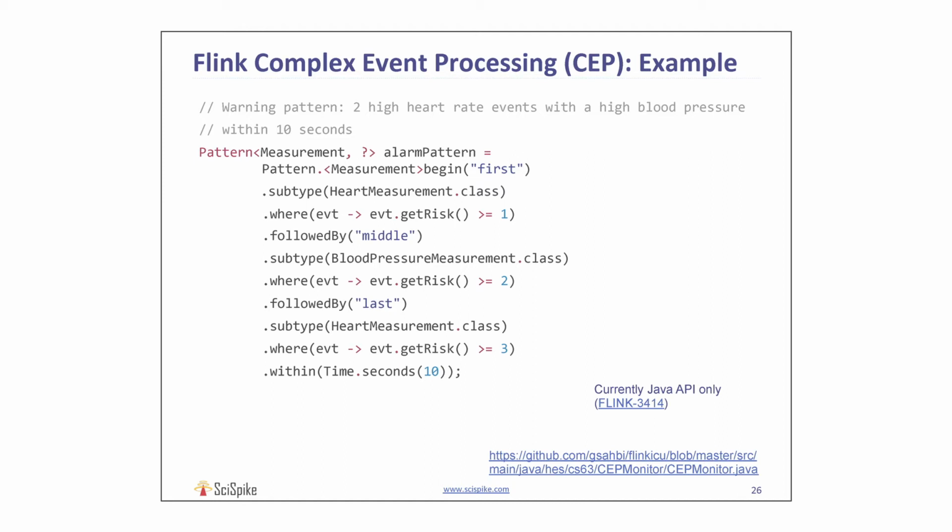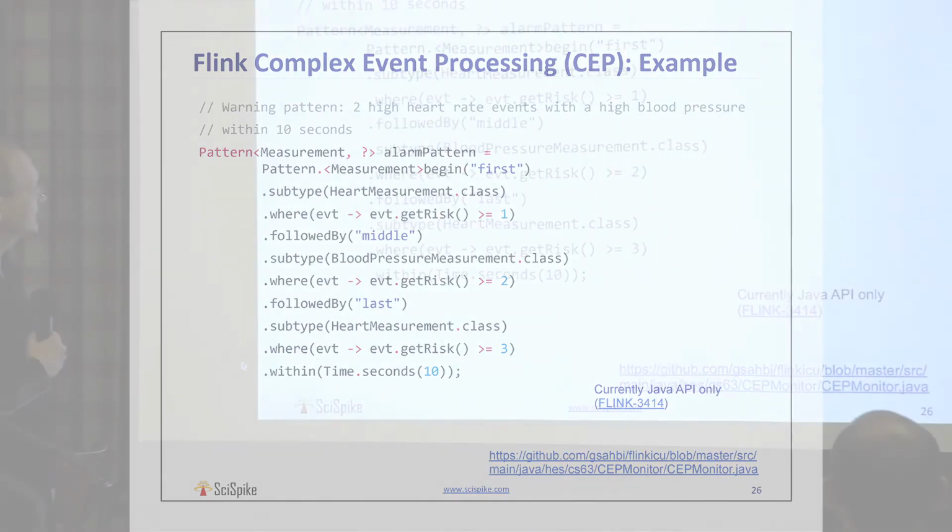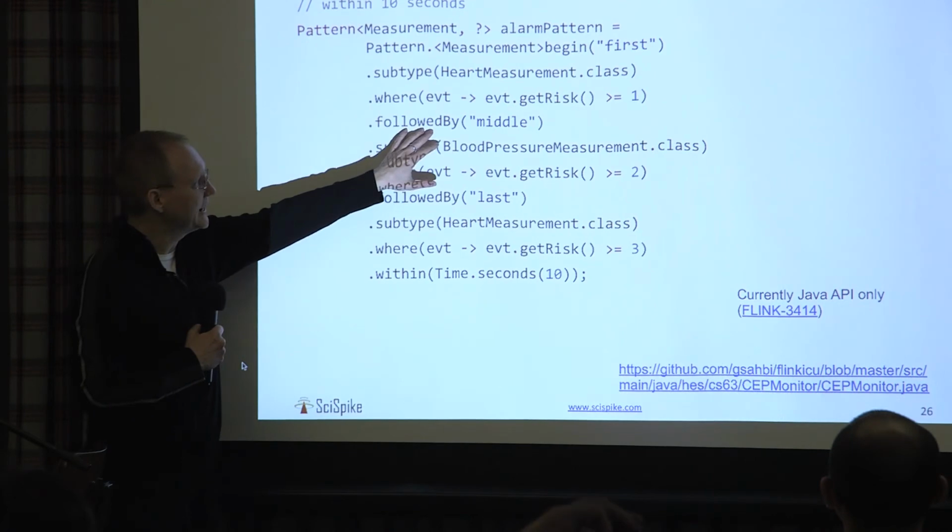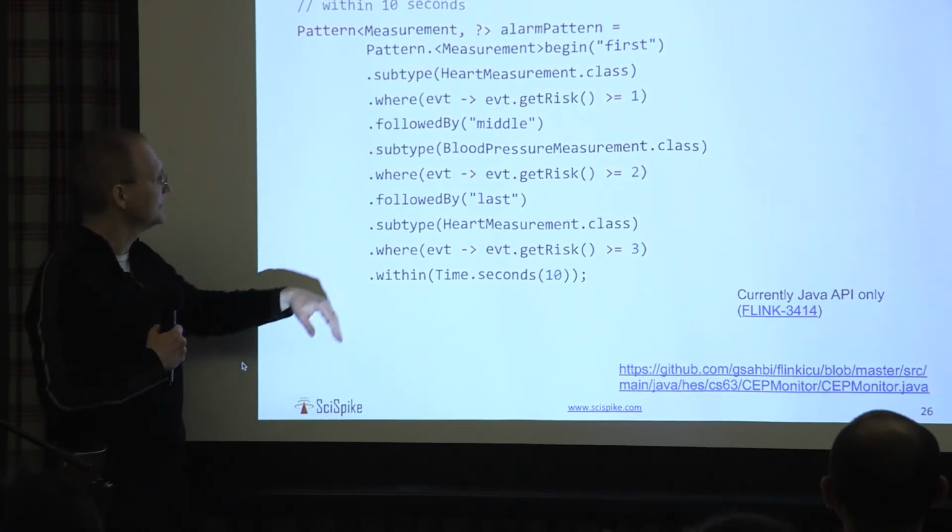So you can define the alarm pattern, and then you would say we are beginning with the measurement, and we are checking that the type of the event is the heart measurement, where the event get risk is greater than or equal to 1. There is a little formula that would calculate that based on the blood pressure and heart rate, followed by another event, we call it middle.